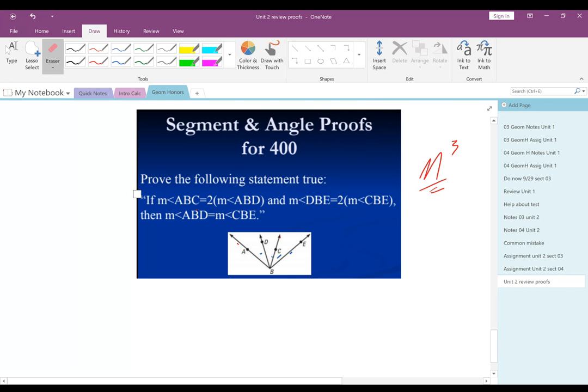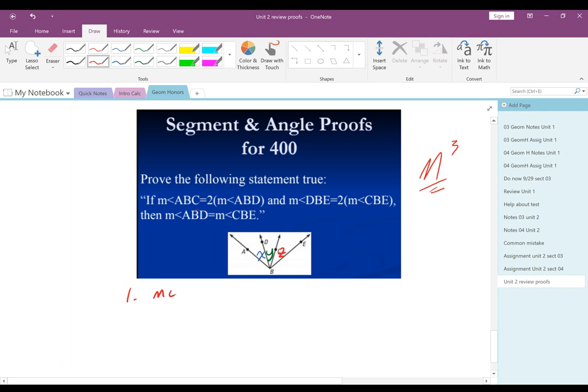Okay. Now, as you can guess, we would like to get some variables involved, so we can go ahead and label, but we can't assume all those things are congruent. So I'll call this X, I'll call this here inside Y, and I'll call this Z. Okay. And that will make it easier when we start substituting in values. All right. Of course, the first thing you should do is state the given.